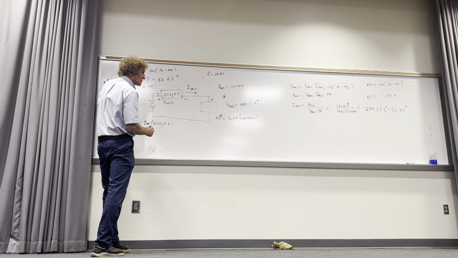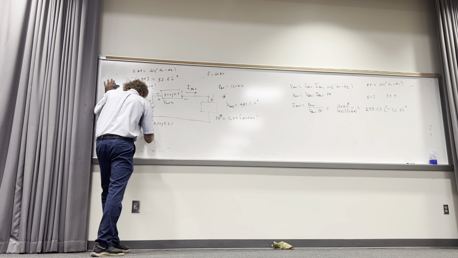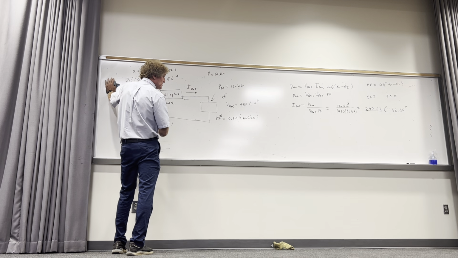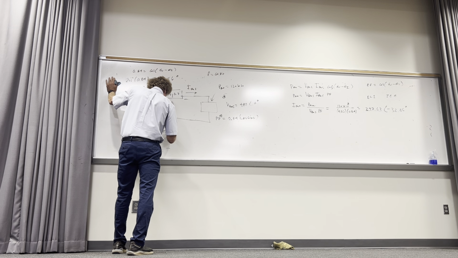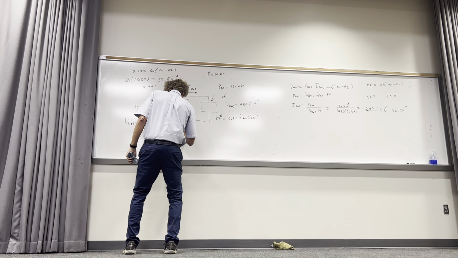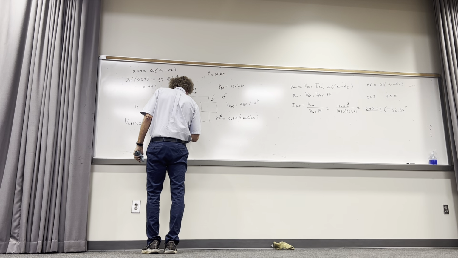So it's 297.62 at an angle of minus 32.86 degrees. And it's that times 0.1 plus J 0.2.